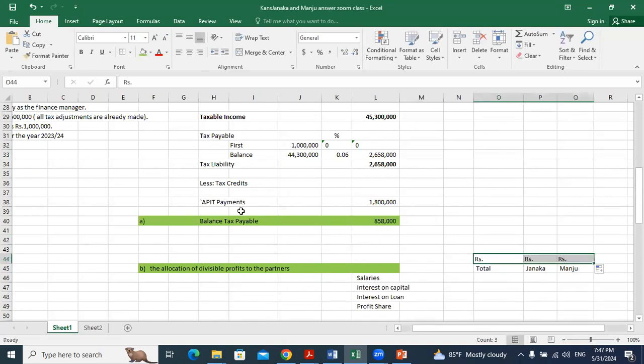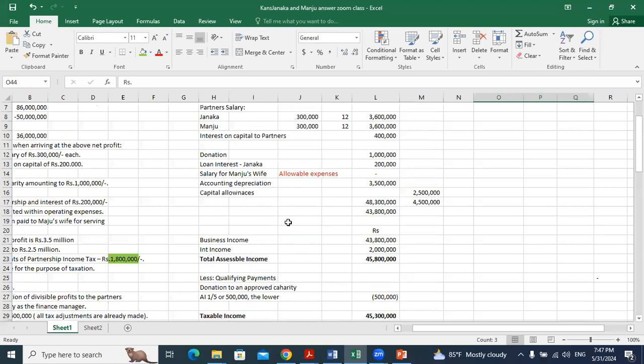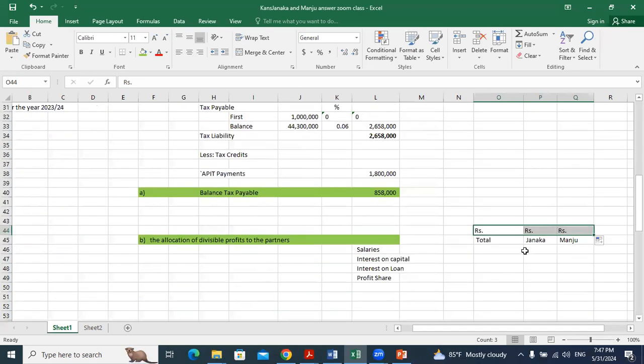Say we know from this partnership they have taken some money. So they have taken salary of 3.6 million.